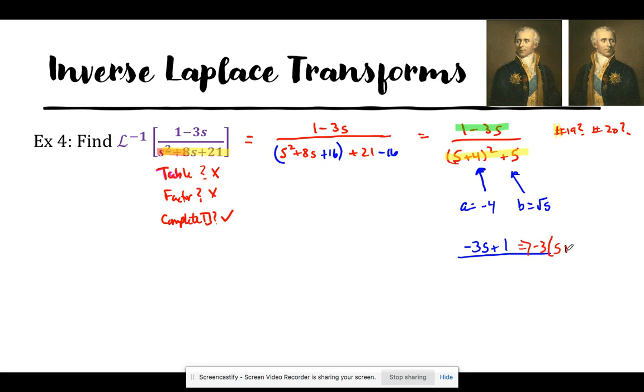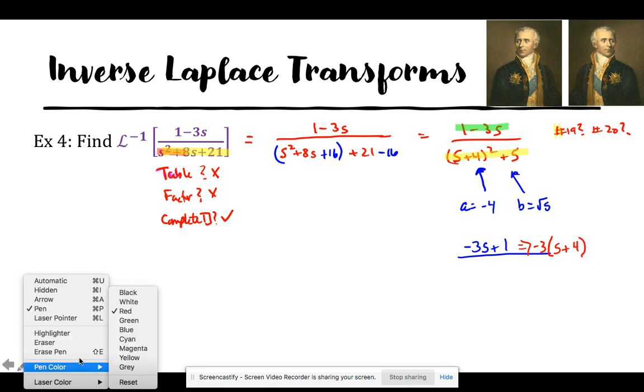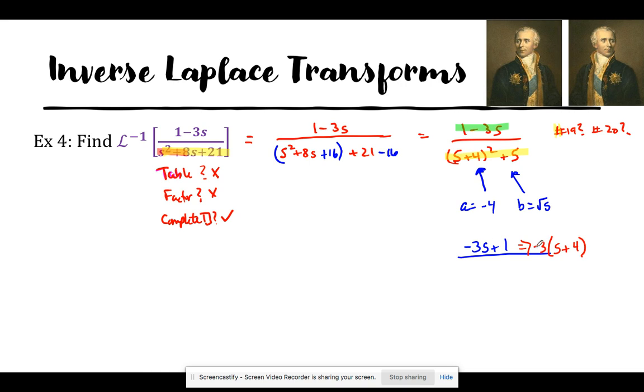What if I really want an s plus 4 in there? That's what I really want. How can I make the s plus 4 equal what I originally had? There's -3s, but what do I get here? That's -12.